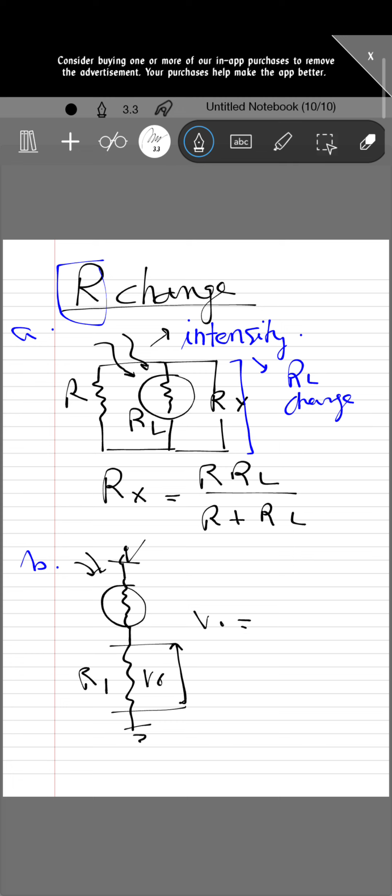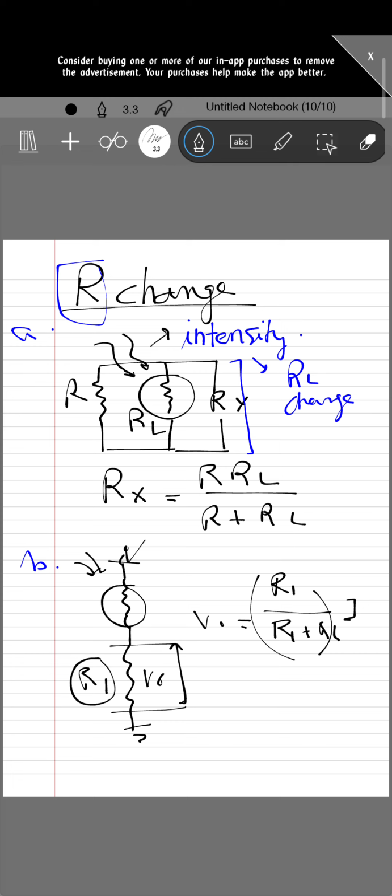So V0 will be equal to R1 divided by R plus RL, into I, where there is current flowing through it.